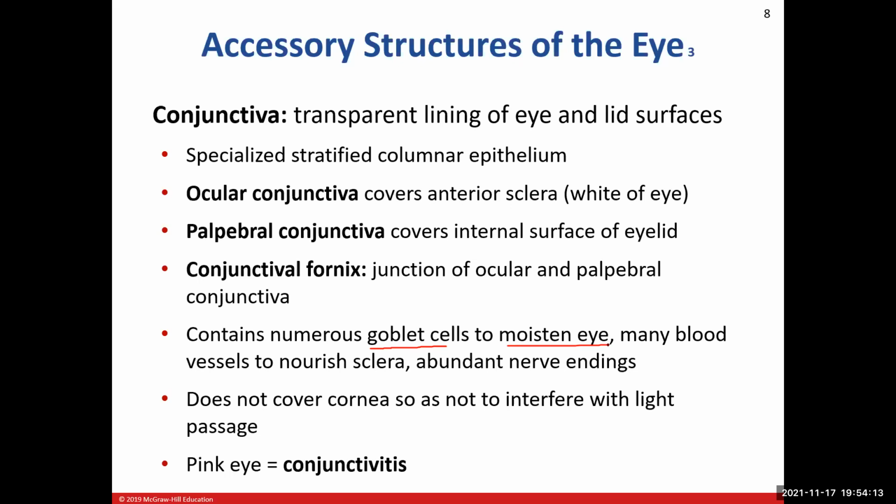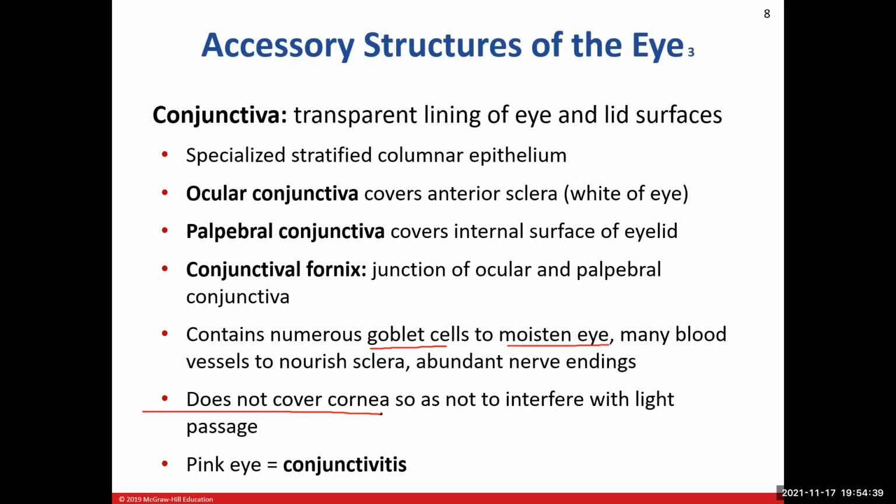Now, one of the things that you need to understand is that the conjunctiva does not cover the cornea. So when we get into refraction, which we'll talk about in lecture, since the conjunctiva doesn't cover the cornea, it will not interfere with how light enters your eye.